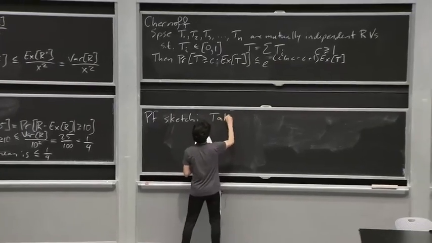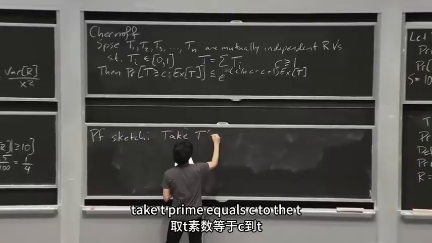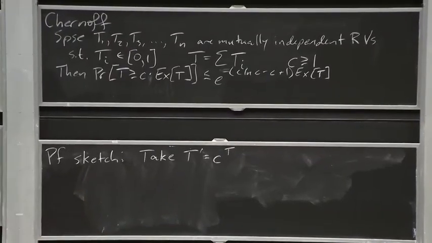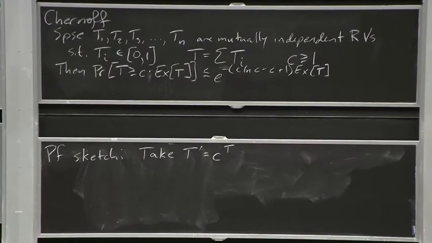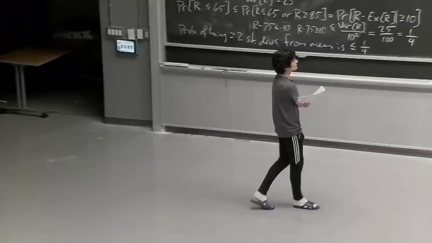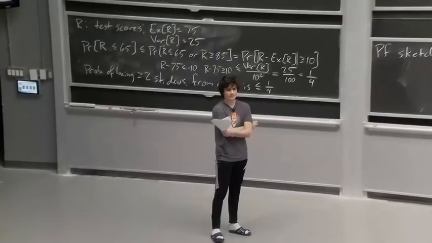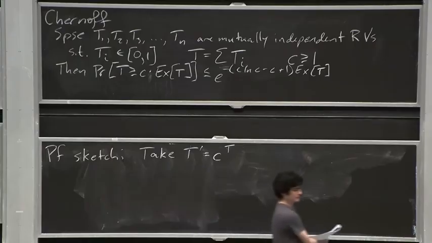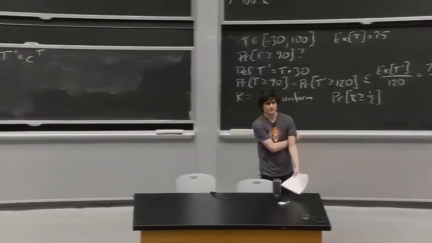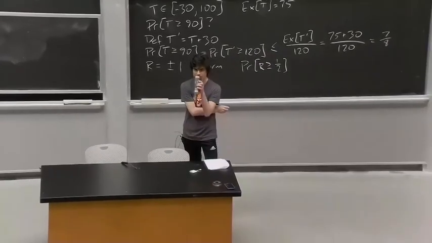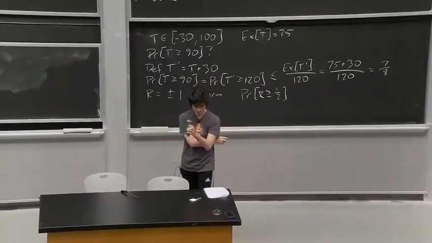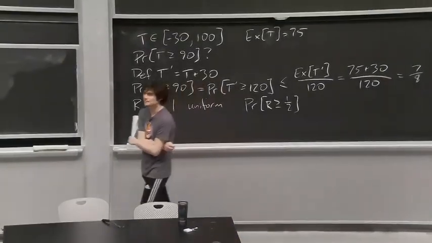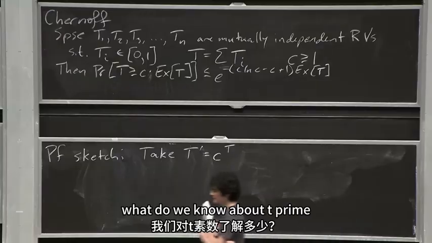So take T prime equals c to the T. What do we know about T prime?